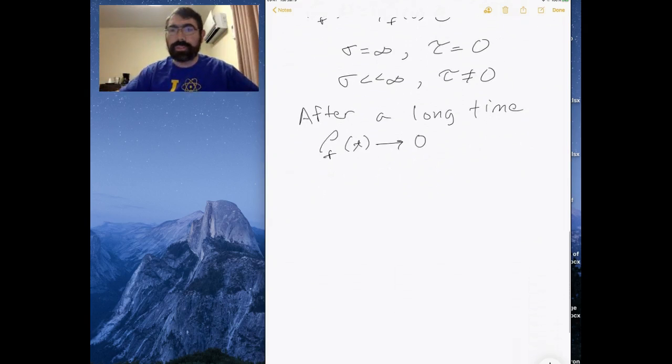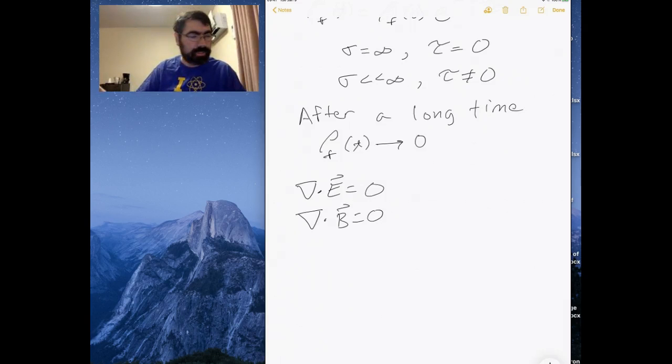And what do we get in terms of Maxwell's equations? Well, the first equation says there's no free charge anymore, so the divergence is 0. Divergence of the magnetic field is always 0. The curl of the electric field, Maxwell's third equation, is still this.